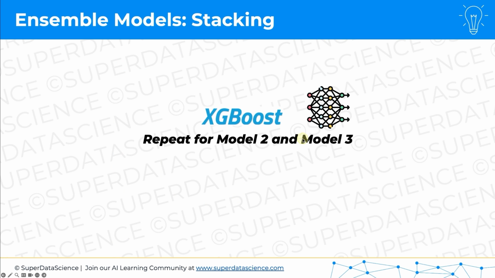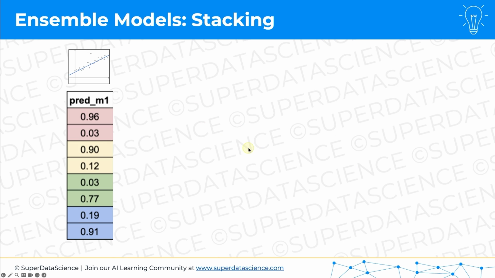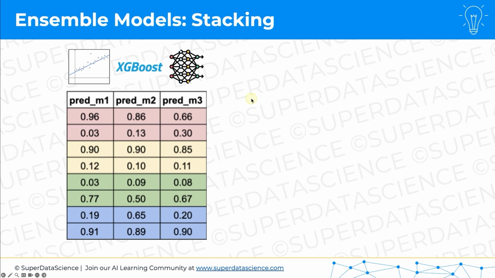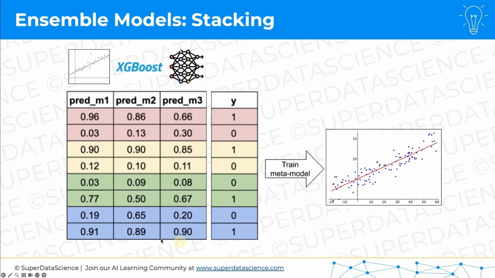We've already used our dependent variable previously during this k-fold cross-validation process in training. But now we're going to include the column of the dependent variable one more time, and we're going to use this data with these predictions to train the meta model, as we discussed at the start. So that will give us a trained meta model.